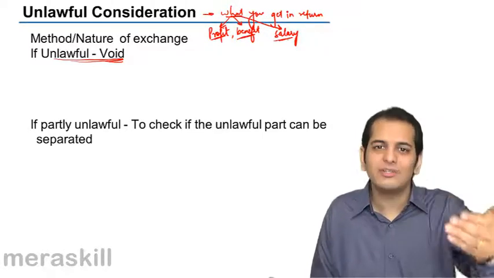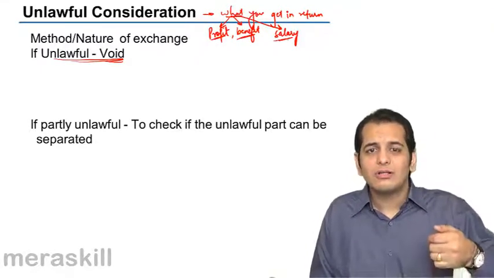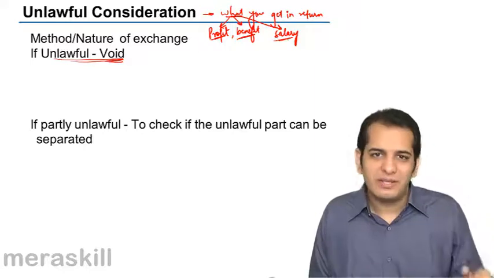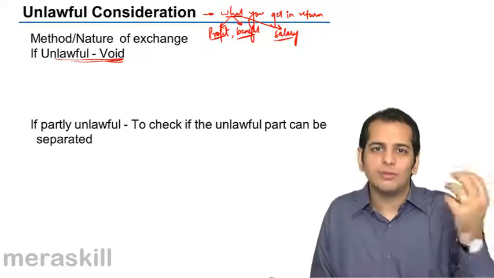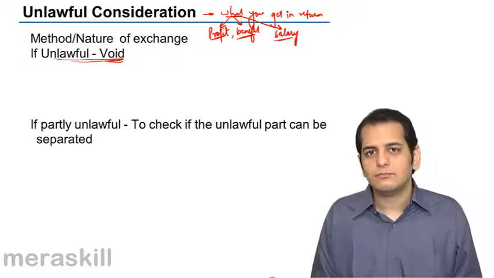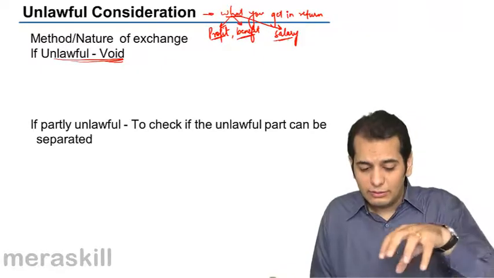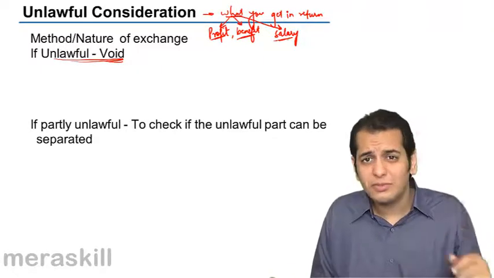So the object is pretty much legal and lawful here. However, what you are giving her is not something which is lawful or legal. The consideration here is not lawful. You cannot give arms to anybody. You cannot give a pistol in return for doing household work. That is not allowed by law. So the consideration here is unlawful. However, the object remains lawful.